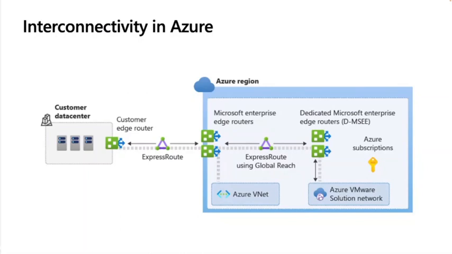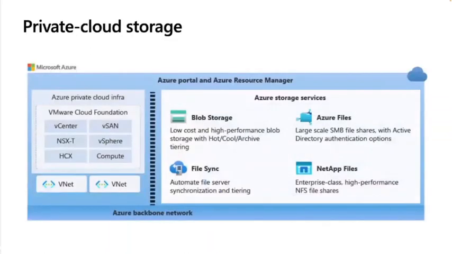And you can see you have the edge routers directly connected in the data center. So edge-to-edge routers give you that backbone, that really fast connectivity. And then, like we mentioned earlier, you're in the private cloud, but now you're closer to these storage services: Azure Files, Blob Storage, NetApp, Azure File Sync.